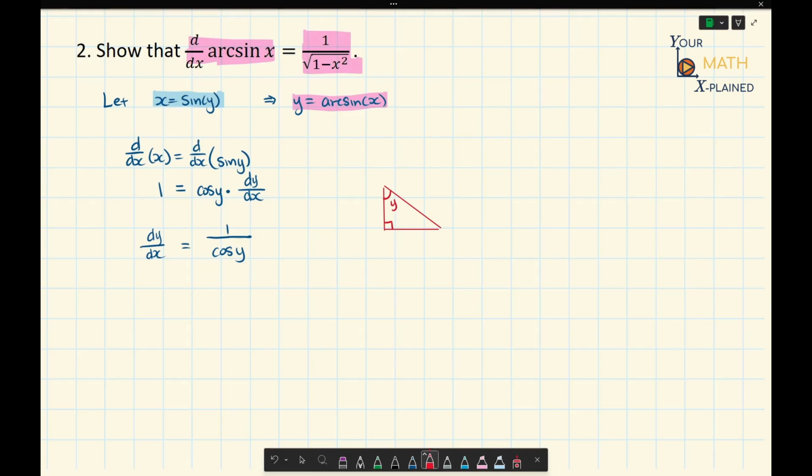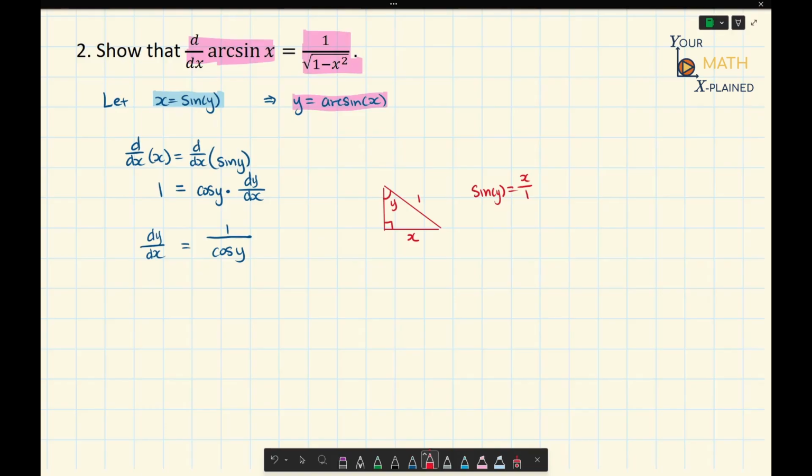And the simplest way to do that is to name the opposite side x, and then name the hypotenuse 1. Then this triangle satisfies that sine y is equal to x over 1. But because this is a right angle triangle and we have two sides already, we can use that to find out what the last side is using our Pythagorean theorem.